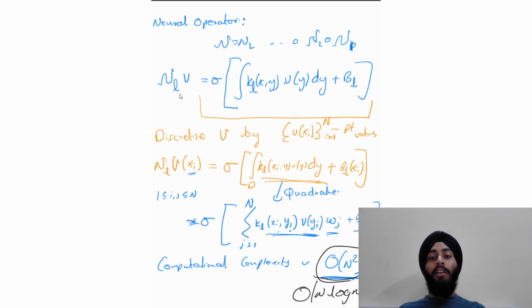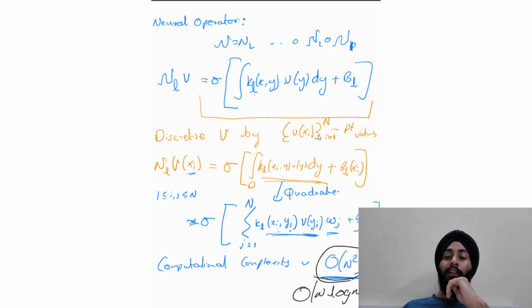Now again, of course, as I have to feed this all in a computer, I will have to discretize v again by using all these points. So v(x_i), i from 1 to n, these are my point values. I've discretized it on n points. Now, during training or during testing especially, I can change this n, but essentially my model will not face very large deviations from the test error that it earlier got.